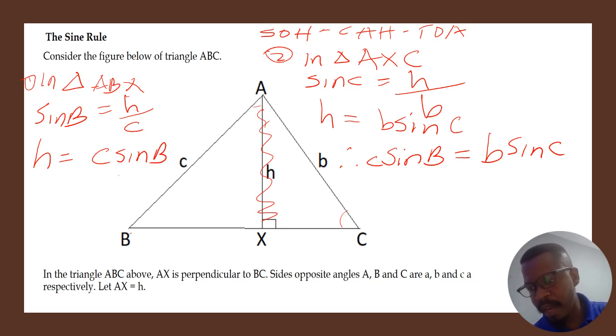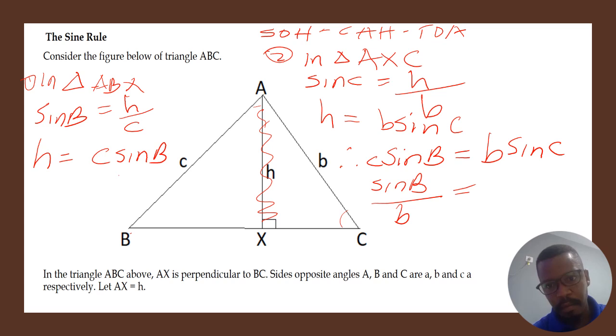So from here, you can comfortably say that sine B over b, you can take b down, and sine C over c.